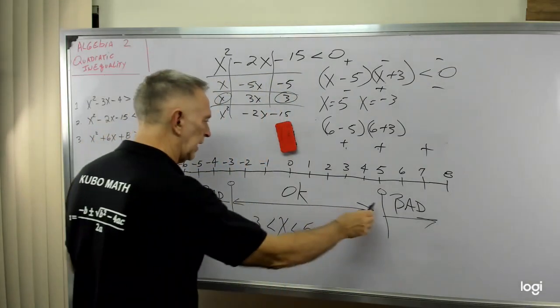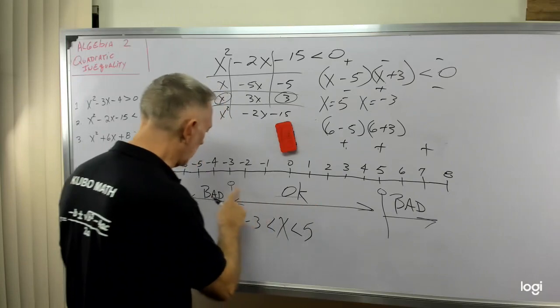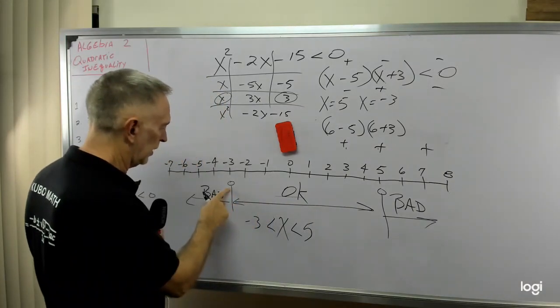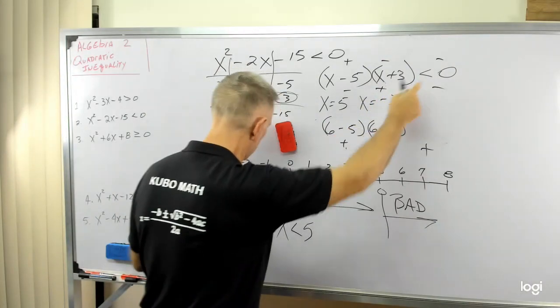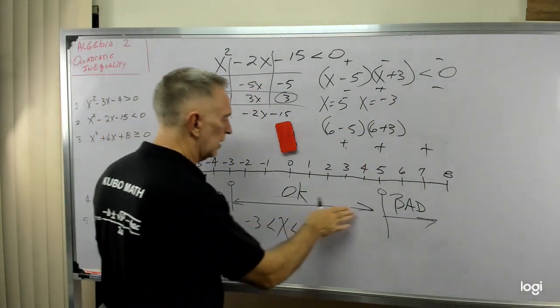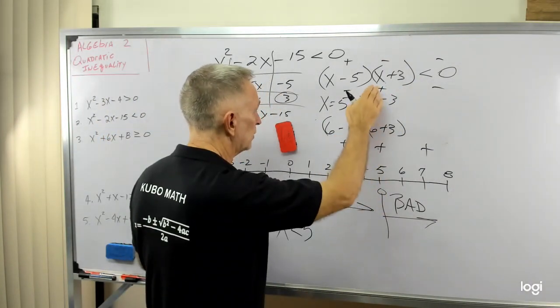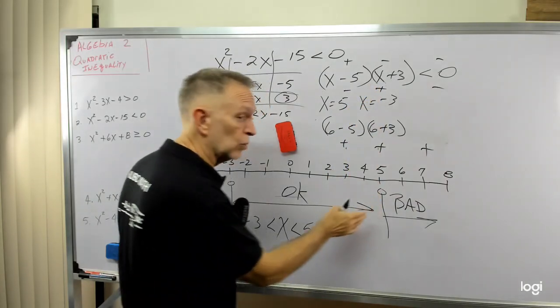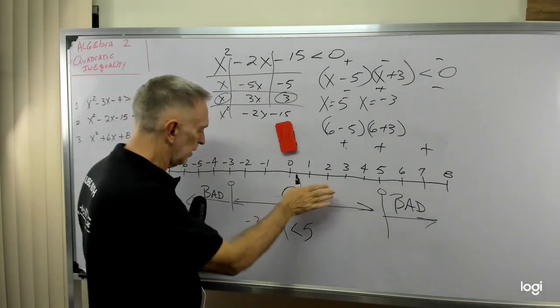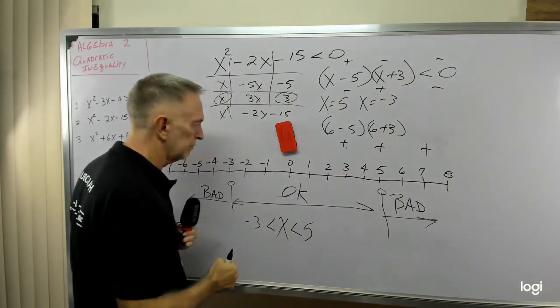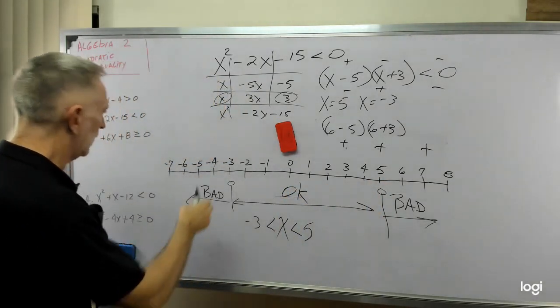So that would put x in this range, but not including negative 3, because at negative 3, it's equal to 0. It does not include 5, because when x equals 5, it's also equal to 0. So x is greater than negative 3, but less than 5. Okay?